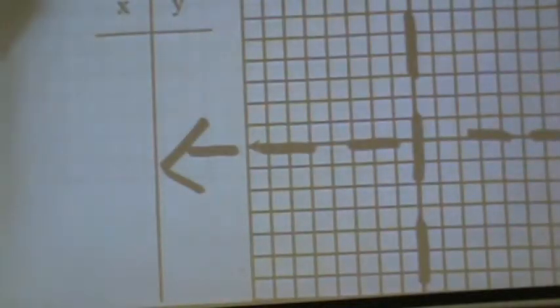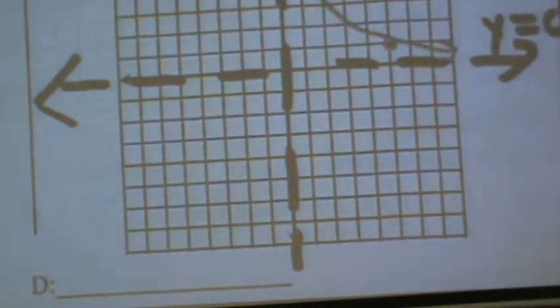So 5 over x, how would you graph that? You're going to go over 1, up 1, 2, 3, 4, 5, put a nice dot. Over 5, up 1, put a nice dot, and draw your curve. You're getting closer to the asymptotes but not crossing. Now, how do I do a perfect graph?